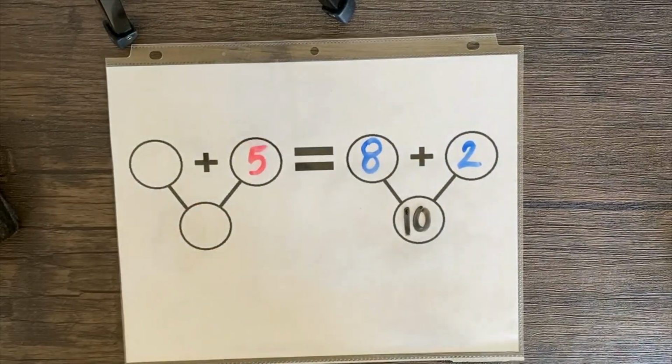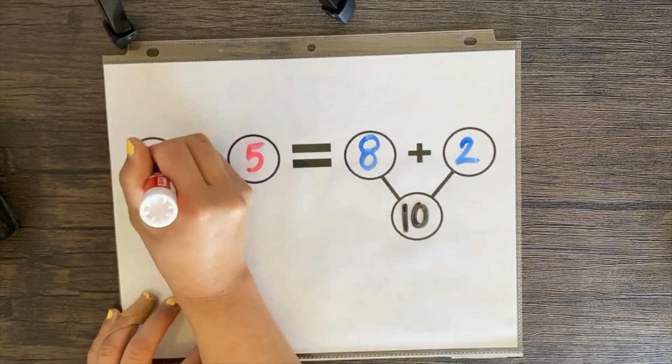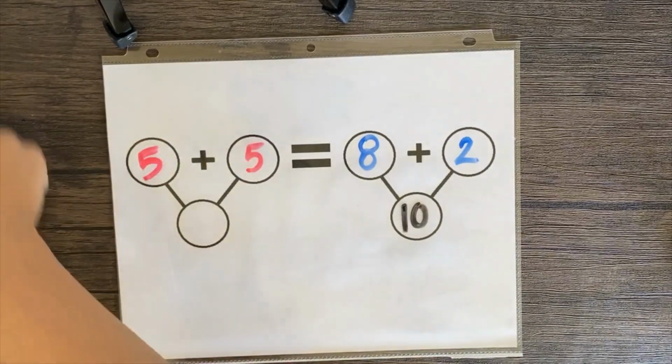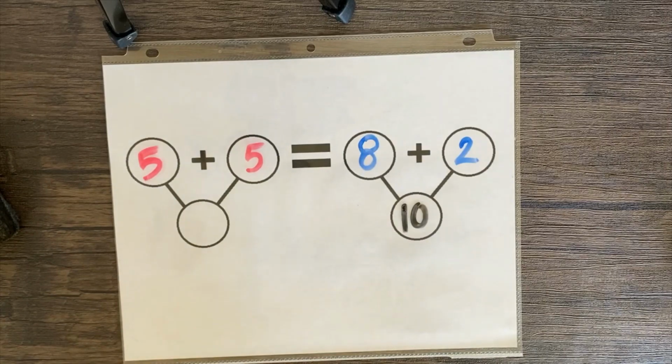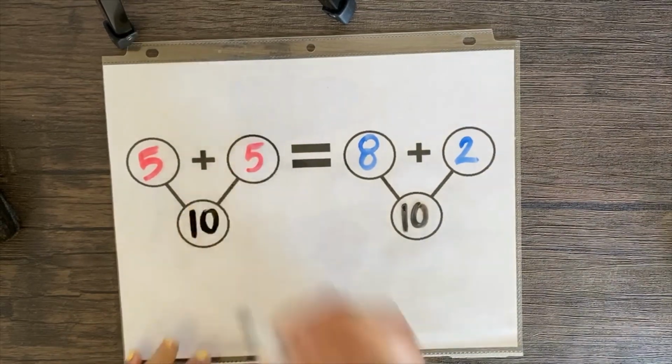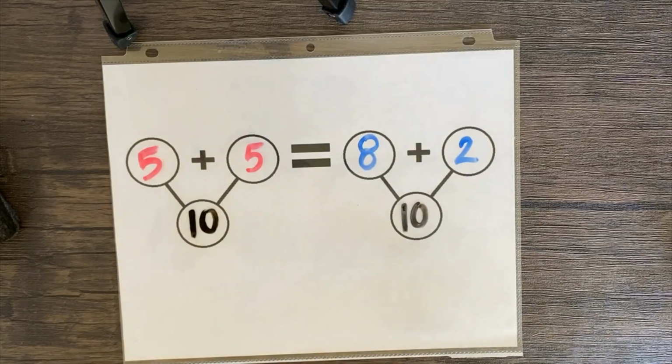And I'm going to change that to 5. What is 5 plus 5? That's also a doubles. That's correct. 5 plus 5 is 10. Now our equation is true and it is balanced because they have the same or equal wholes and equal totals.